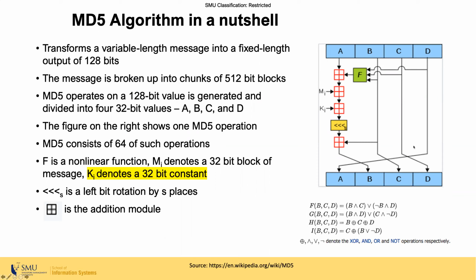This is a figure that shows a set of steps. The only thing that you need to take note of here is the key, which denotes a 32-bit constant value. This key value is used as part of the MD5 operations, and there are many such operations in the MD5 algorithm.